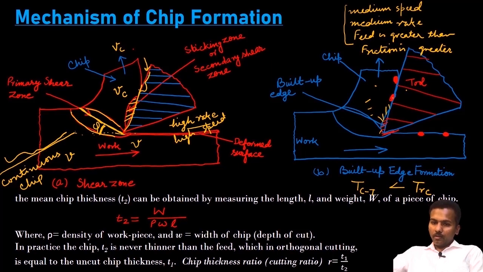Even these particles of built up edge will deteriorate the surface finish of the workpiece. So the surface finish will decrease due to the presence of these particles of the built up edge.